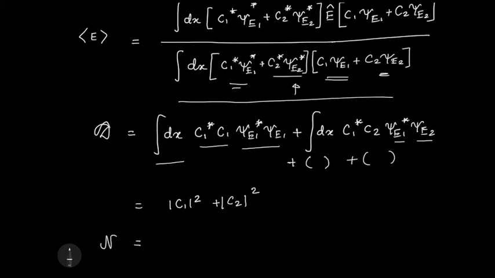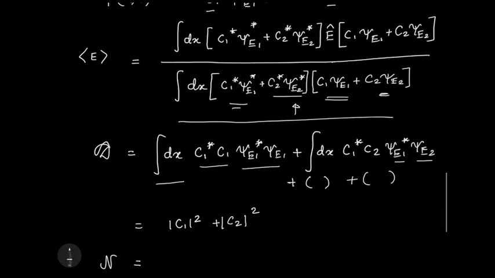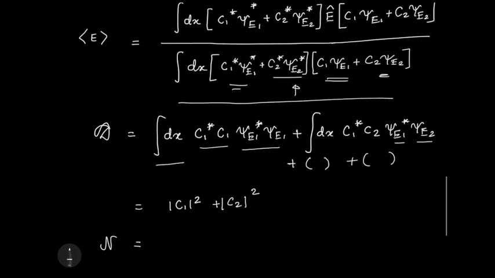What about the numerator? Well, let us again look at it term by term. If I look at the first term, it is integral dx C1 star psi E1 star, and then I have E cap acting on C1. C1 is again just a number. E cap operating on psi E1, by the eigenvalue equation, will give me E1, the corresponding energy, and then psi E1.